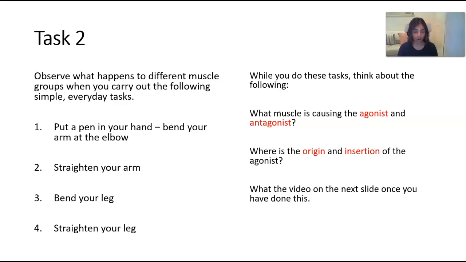Where would you find the origin and the insertion point for these muscles? And think about that also when you straighten your arm, bend your leg and straighten your leg. Now I would like you to watch the video on the next slide once you've done that. That's this video here, and see if that has helped you to understand the different types of movement.